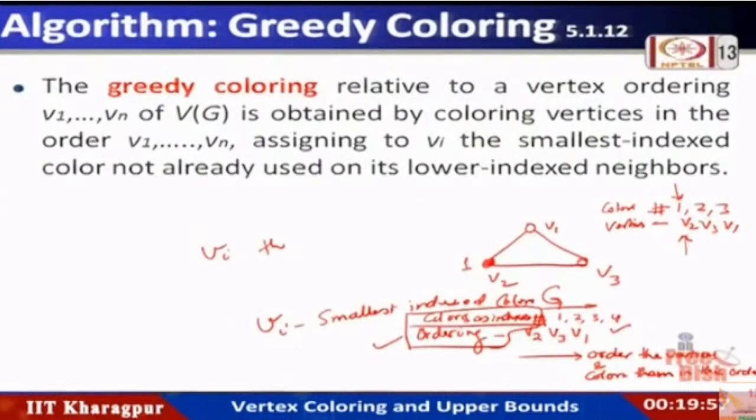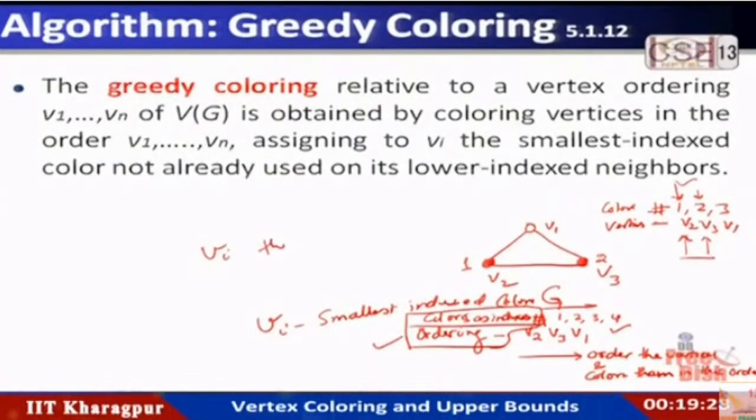Now comes V3. V3 is a neighbor of V2, which has already used the smallest index color 1. So the next smallest index color which is not used by the neighbor is color number 2. So V3 will be colored with color number 2. As far as V1 is concerned, V1 is a neighbor to V2 and V3, both are its neighbors.